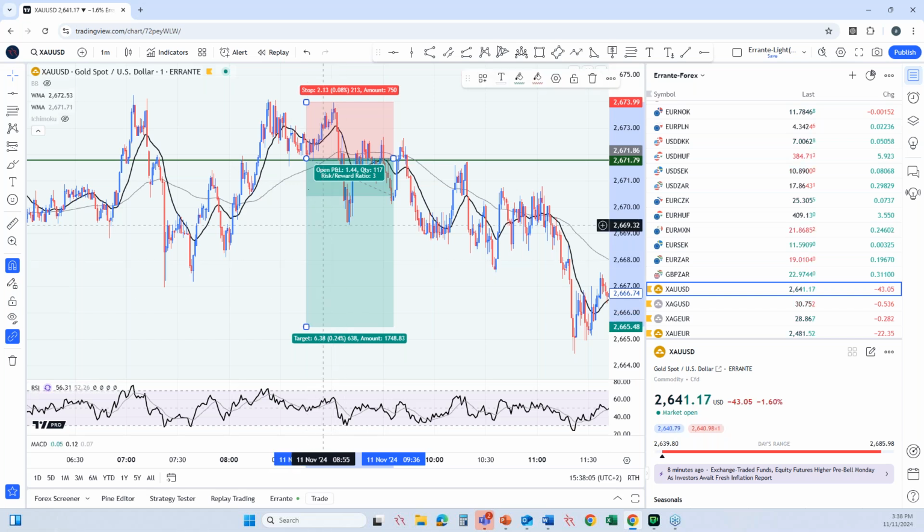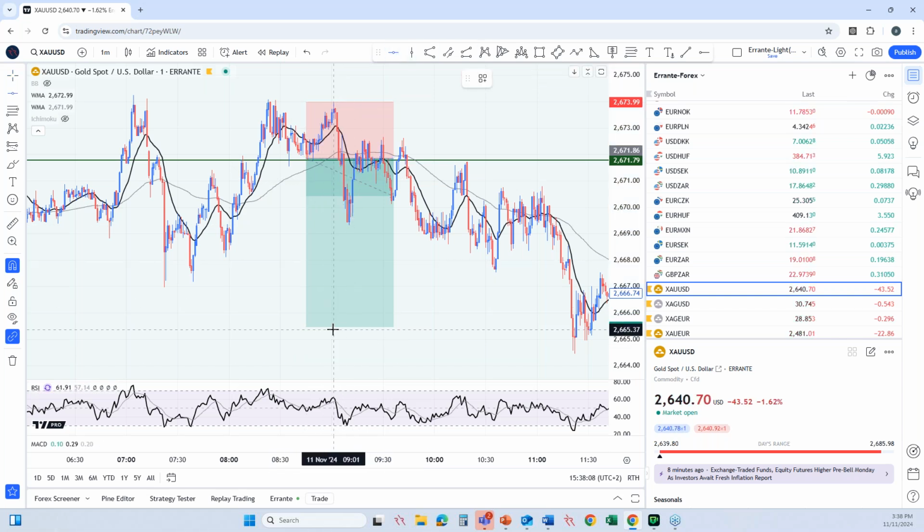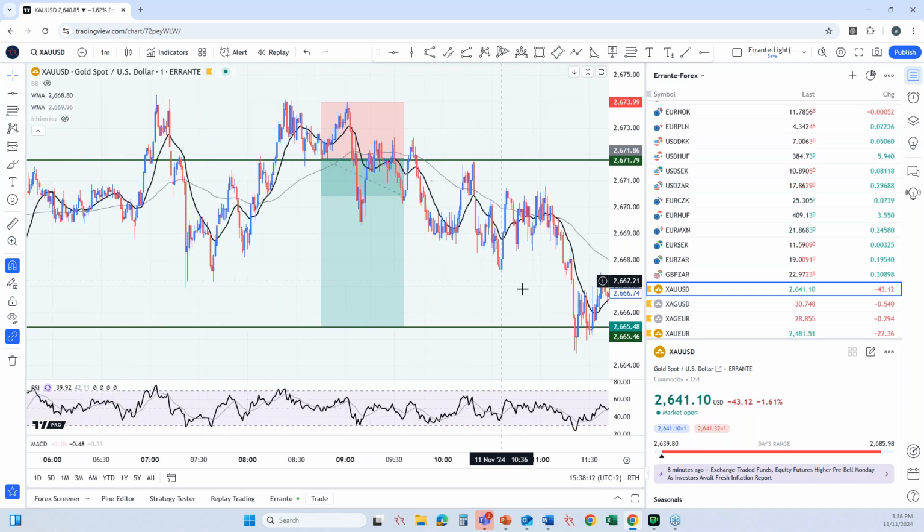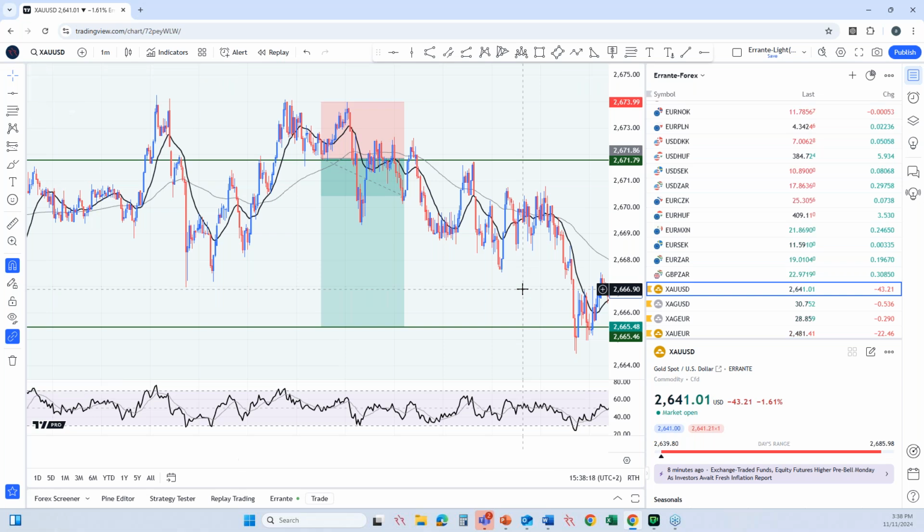I'm bringing it up because I would like to point out that one of the other factors that you really need to consider when you want to pick a reward to risk ratio is where you are on the chart.